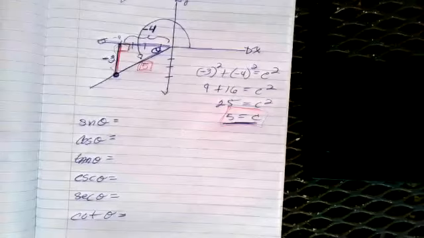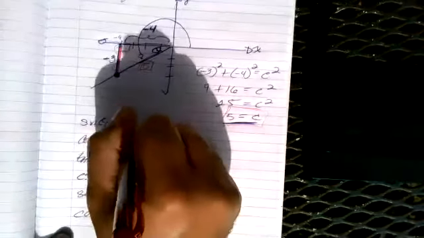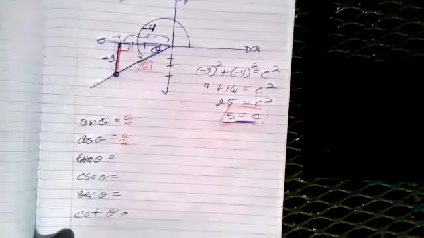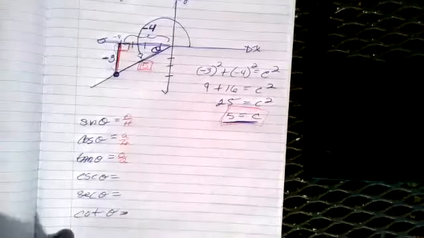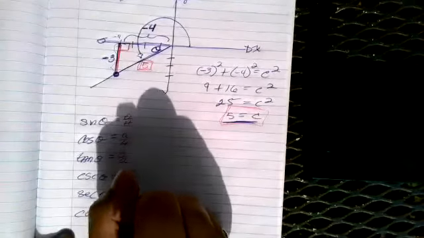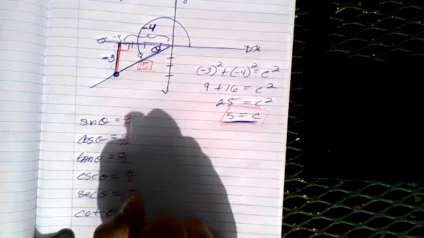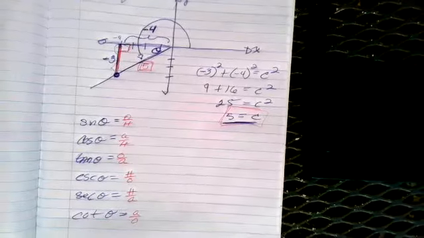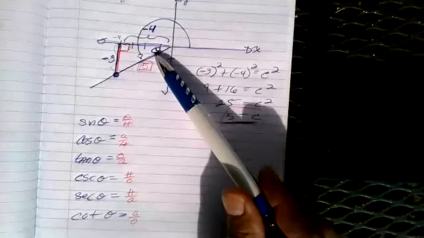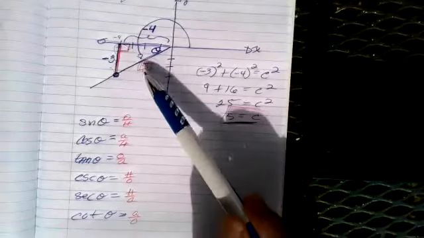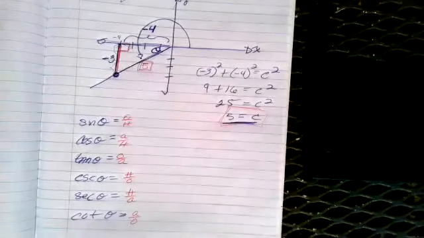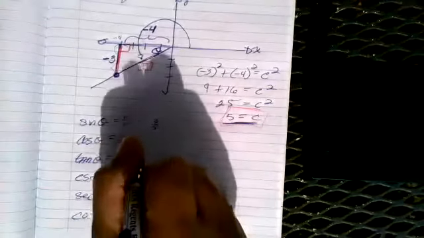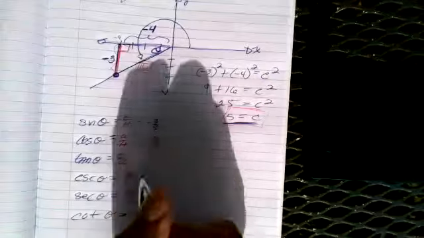Which is easy enough because we know sine is my opposite over my hypotenuse, cosine is my adjacent over my hypotenuse, tan is my opposite over my adjacent, and then the reciprocals. So our reference is from this angle. This would be my opposite and my hypotenuse. So it looks like we have negative 3/5, negative 4/5.